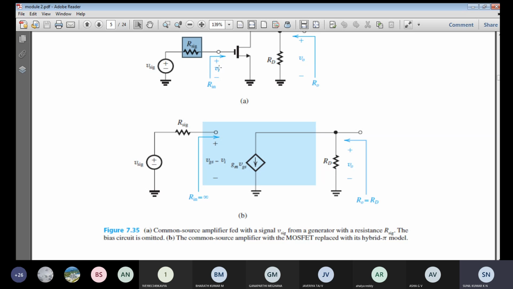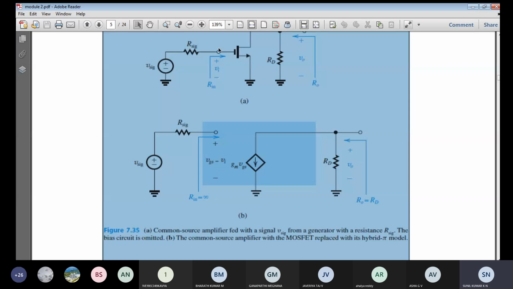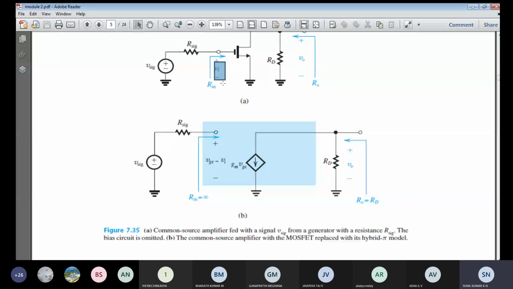Even though R signal as well as Rin are there, since Rin is infinity, effectively all the signal voltage will appear across the input side. It will be applied across VI without any loss, because Rin has a very high value compared to R signal. So voltage division does not take place, and all the signal voltage is coupled to the input side of the common source amplifier.